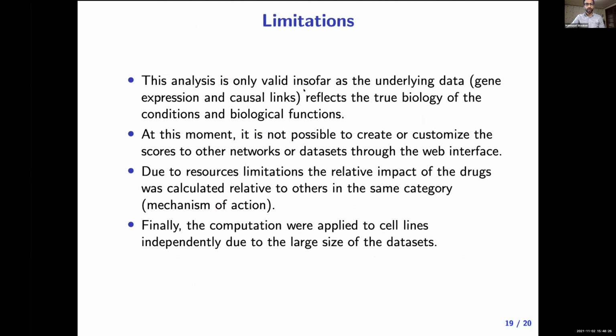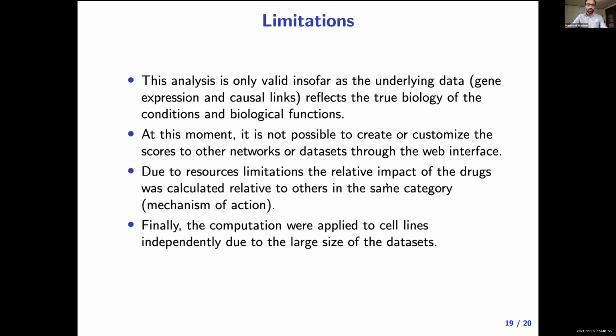So the limitation of this work is that it's only valid insofar as the underlying data, meaning the causal links and the gene expression data, can be trusted. It only reflects the true biology if these causal links and the gene expression data do, so you can easily get a novel mechanism. And at the moment, it's not possible to create customized scores for networks or datasets. So all these scores are pre-computed because this analysis is very resource intensive.